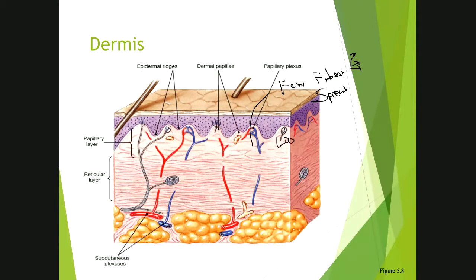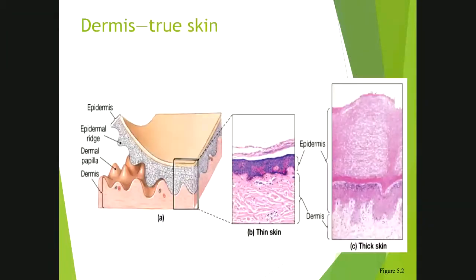Remember, we have 2 different categories. We have loose, but if you look down here, you see lots and lots of fibers because they're densely packed. Now there's only 2 types of fibers here, but this is dense down here. So they're very different from each other. So let's look at the 2 layers.